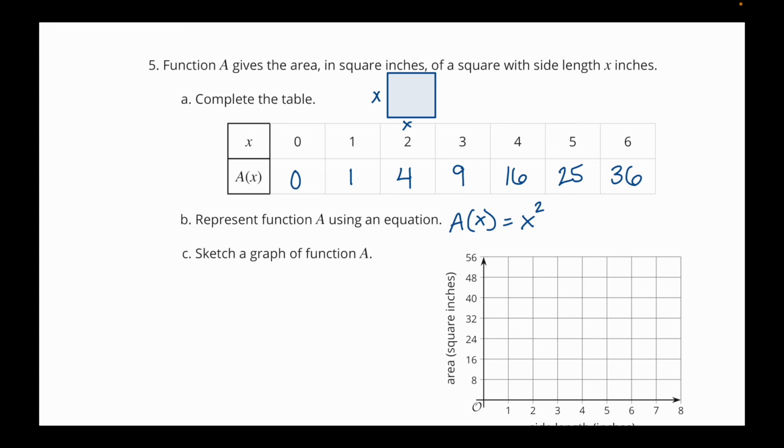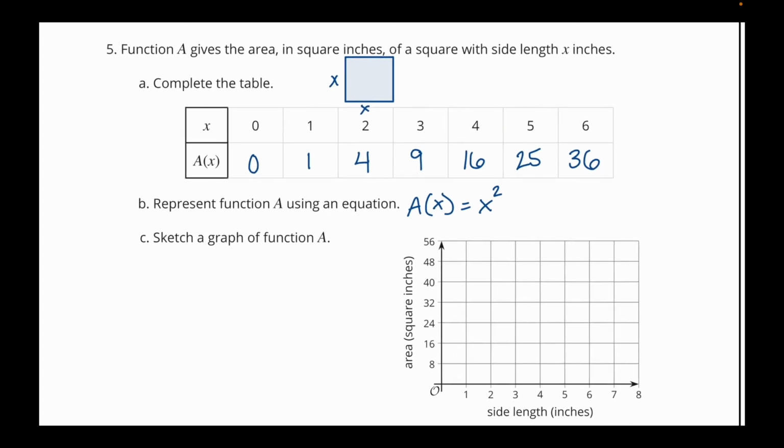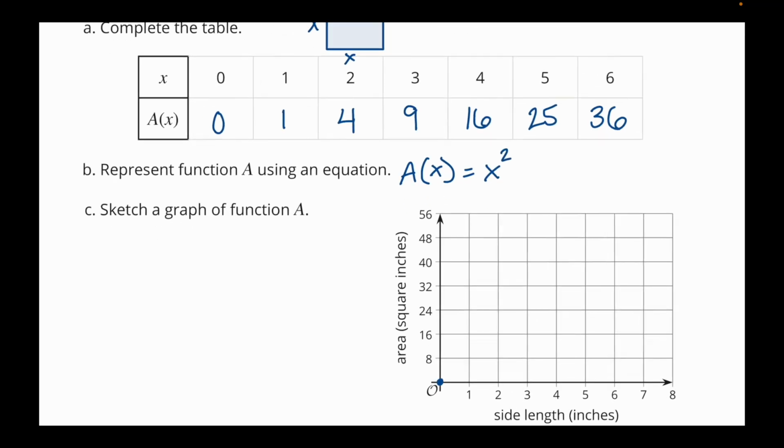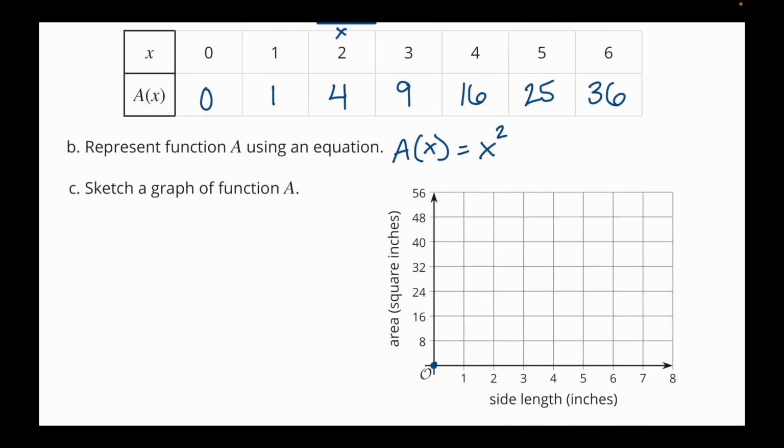And then we're going to sketch a graph of function a. Well, fortunately, they gave us a table, so we're just going to input all of these values on our table and connect it. So 0, 0. 1 and 1 is a little difficult. It's pretty low because this goes by 8s here. But we are going to need to go up to 36.